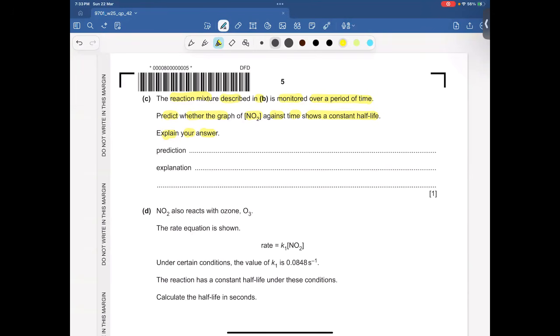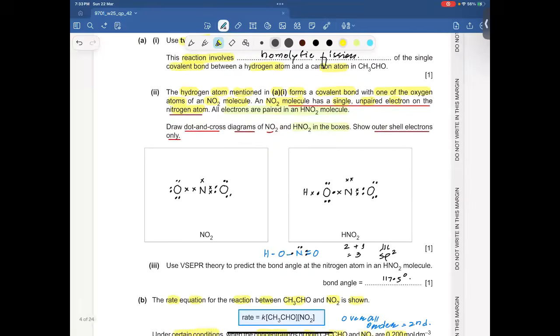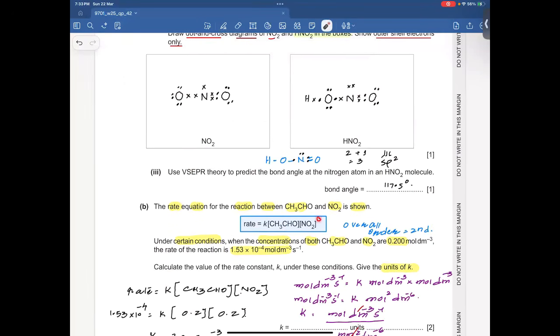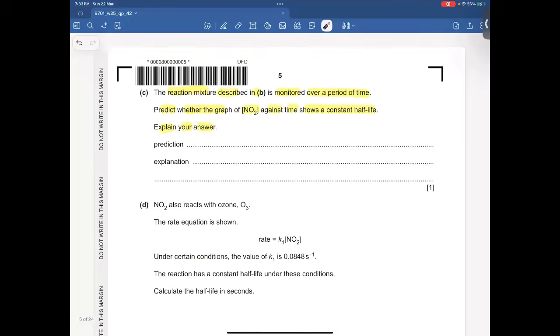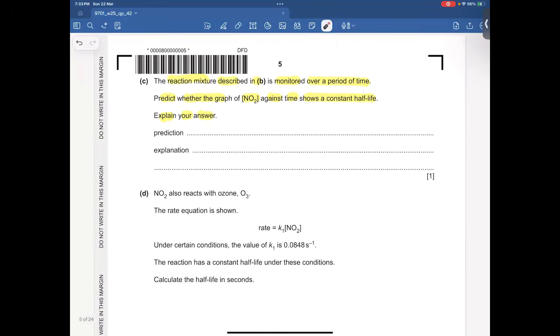So this NO2 has a first order reaction, which means it is a constant half-life. But since the overall order is second, the prediction is going to be not a constant half-life.